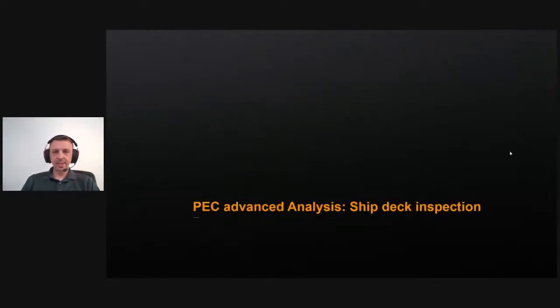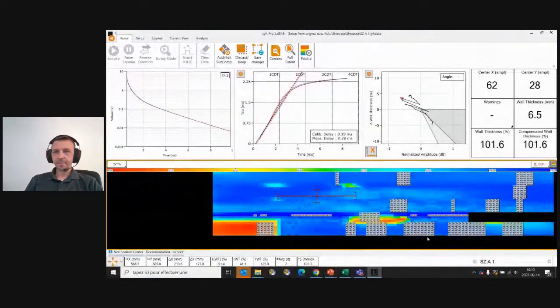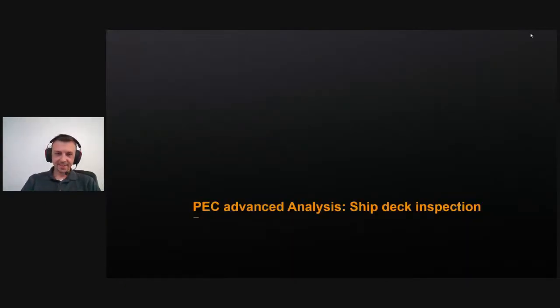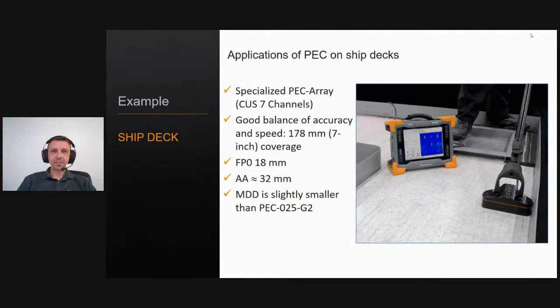So let's move to the data analysis. In that case, we use a specialized PEC array probe that was specially designed for ship deck inspection. It has a custom 7-channel array.